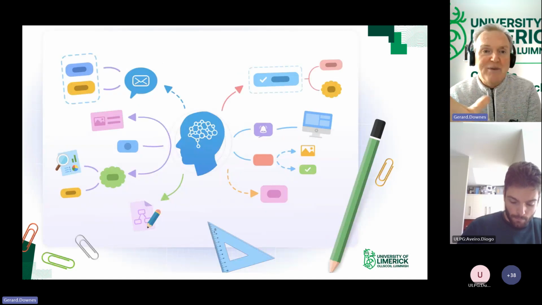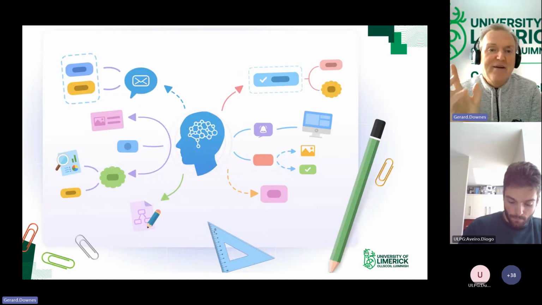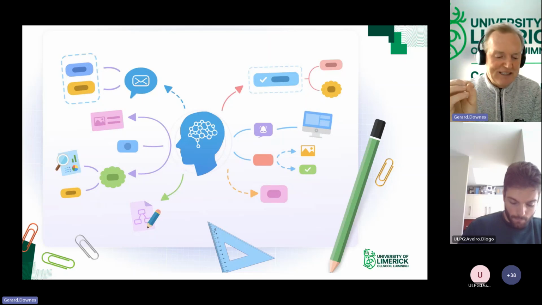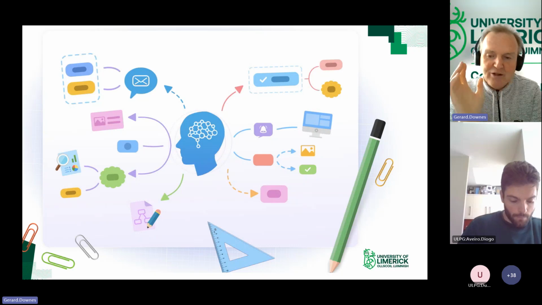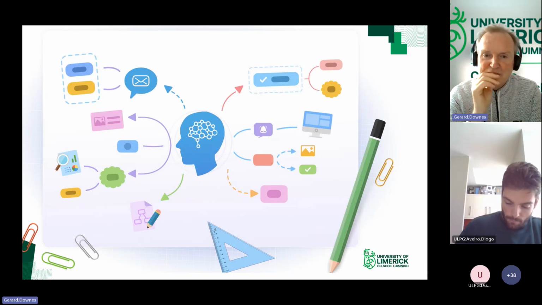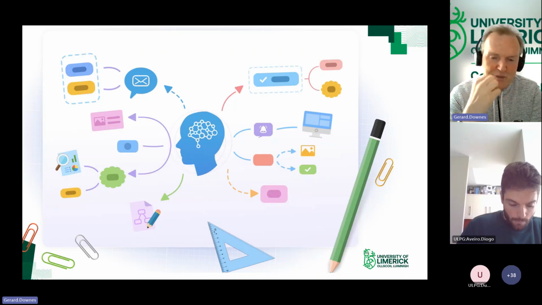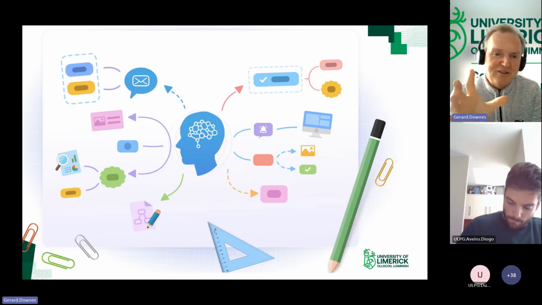Okay, and this is an example. For example, this is like a mind map, a way of thinking about how you're going to represent your data, or just thinking about a visual map of your themes and your sub themes.